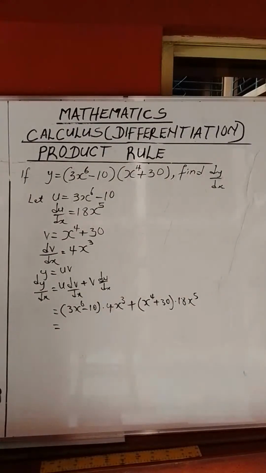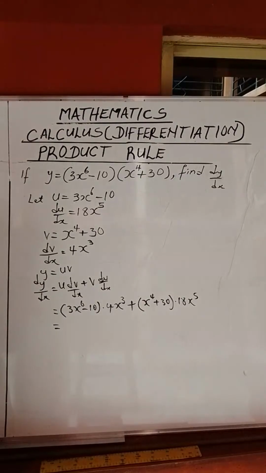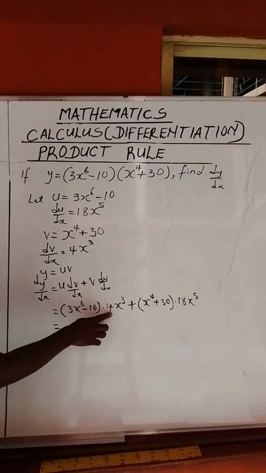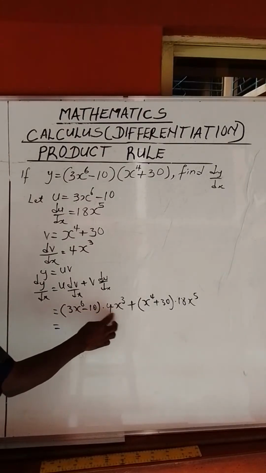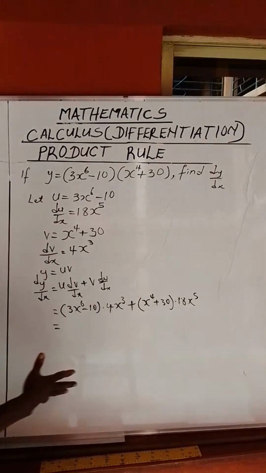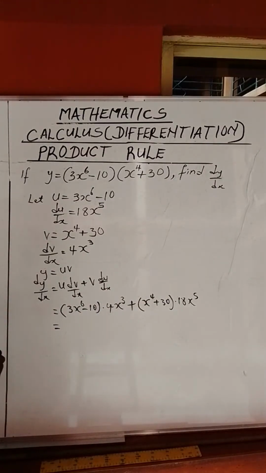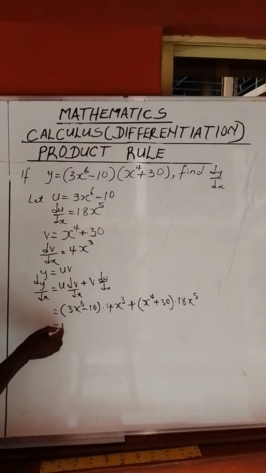What we are going to do next is to simplify. How do we simplify? We can clear the brackets. When we clear the brackets, use the 3 here to multiply everything here, use the 10 here to multiply everything here, and do the same here. Then we add up together and eventually arrive at our answer. So let's begin by clearing the brackets. We have 3 times 4 is 12.